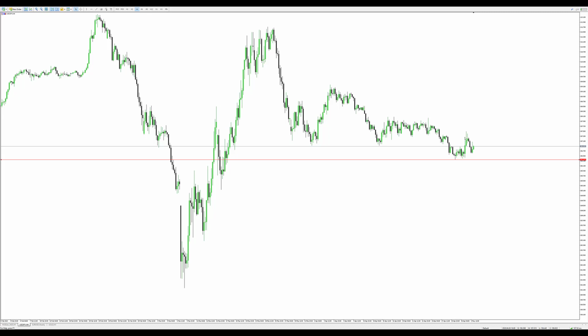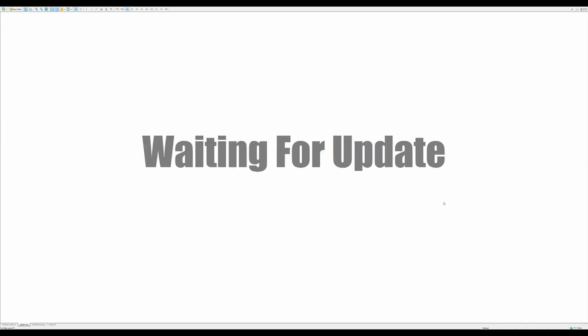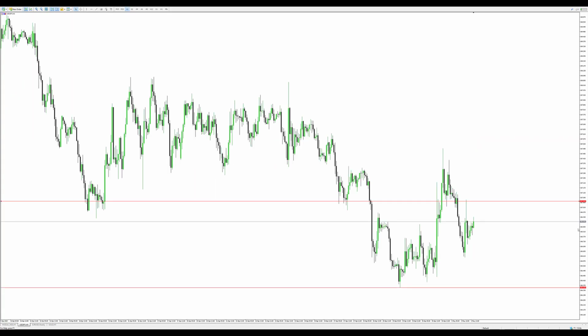But market can retrace here to the 107 price point before we start hunting for short trades. So on the yen, expect market to trade to the 107 price area before we start hunting for short trades to 106.35, you see. So we're also going to be bearish on the yen.